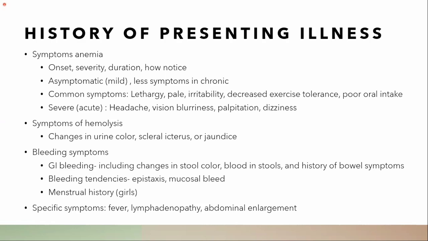We also have to ask about symptoms of hemolysis, such as changes in urine color, like dark urine, or any changes in the sclera with yellow discoloration. And we have to ask about bleeding symptoms, such as gastrointestinal bleeding. We ask about stool color, whether there is any blood noted in the stool, or a history of bowel symptoms such as abdominal pain, vomiting, diarrhea, and so on.